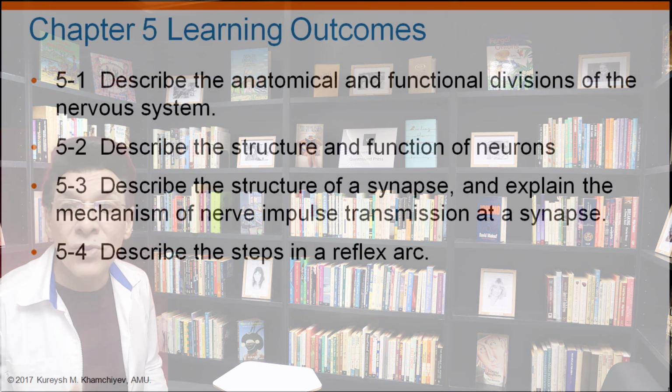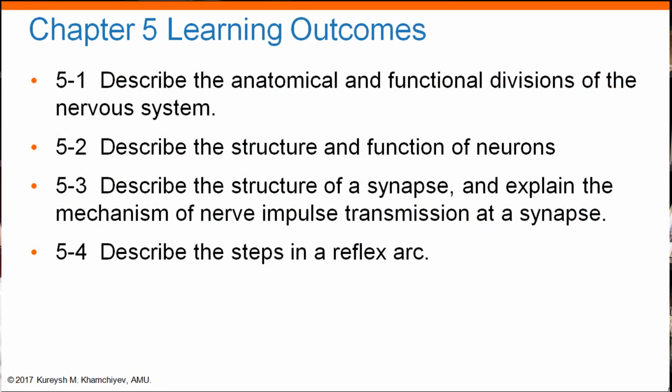In other chapters, the finer details of the nervous system will be explained, but first looking at an overview of the system will allow you to begin to understand how its parts work together. The focus of this chapter is on neural tissue, both its structure and its function.